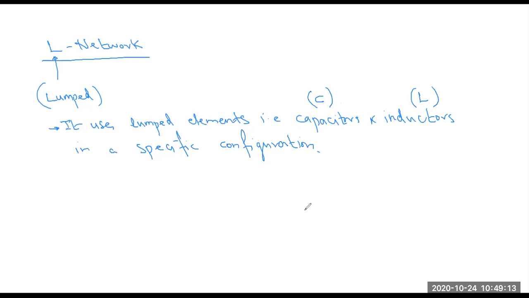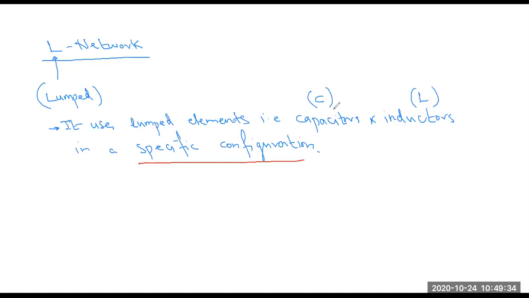So let's talk about the two configurations. I am talking about a specific configuration. It means you have to connect the capacitor and inductor in a particular configuration, as well as it's also important to find out what will be the value of the capacitor and inductor.